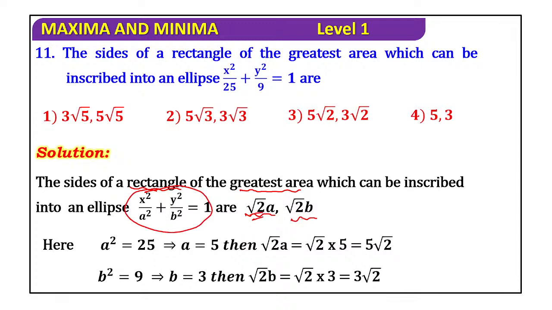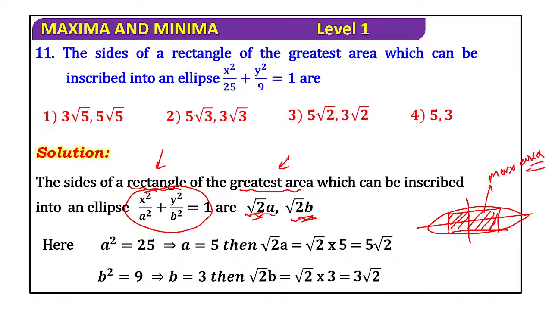Root 2a and root 2b are going to be the values for the greatest area for a rectangle which can be inscribed. See this? This is the ellipse. Put inside the ellipse, if this is maximum area, then root 2a and root 2b will be the values.